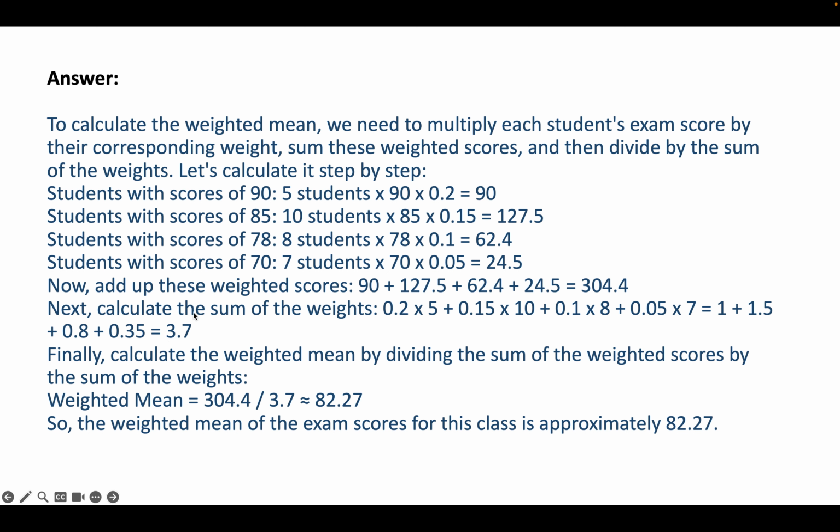In order to get the weighted mean of the exam, we simply divide the total weighted score by the sum of weights, which gives us the weighted mean of the exam scores. Thank you so much. We'll see you in the next video.